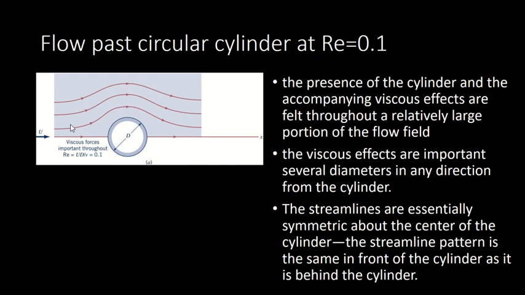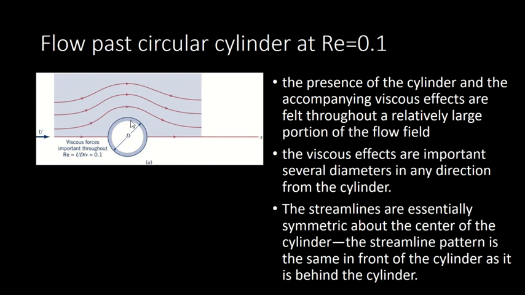The Reynolds number is very small, 0.1, and even though the shape is considered complex, symmetrical streamlines can still be captured at Reynolds number equal to 0.1. The presence of the cylinder and the accompanying viscous effects are felt throughout a relatively large portion of the fluid.